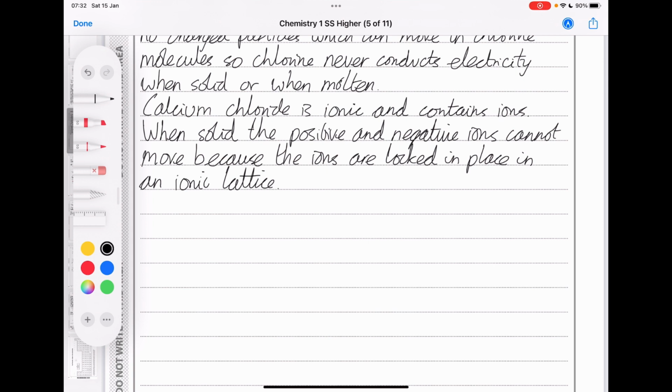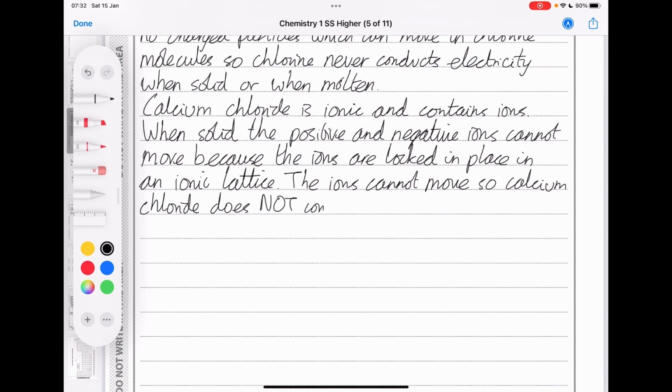If the charges or the charged particles or the ions cannot move, so calcium chloride does not conduct when solid.